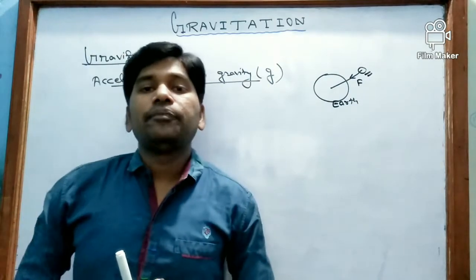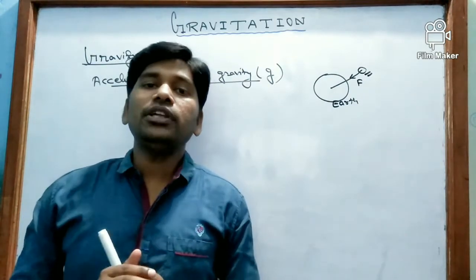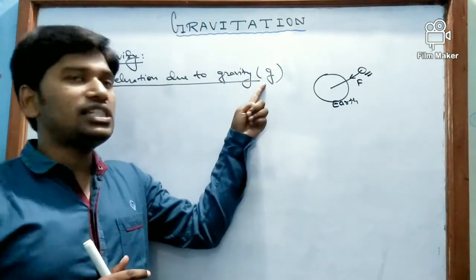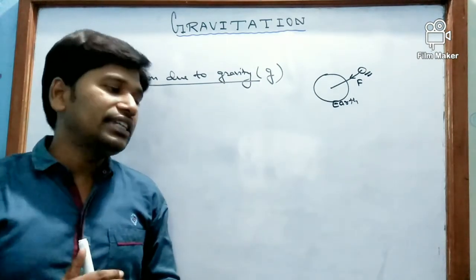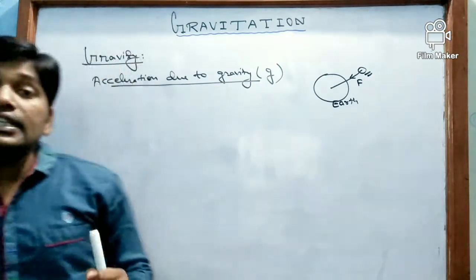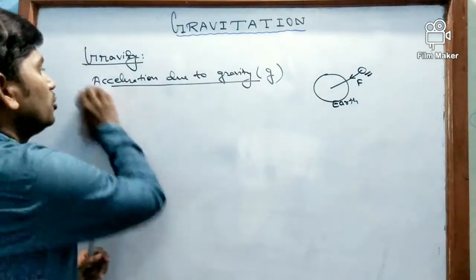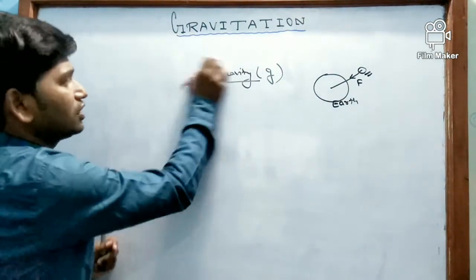Next term we will see the relation between small g, that is acceleration due to gravity, and capital G, that is the universal gravitational constant.